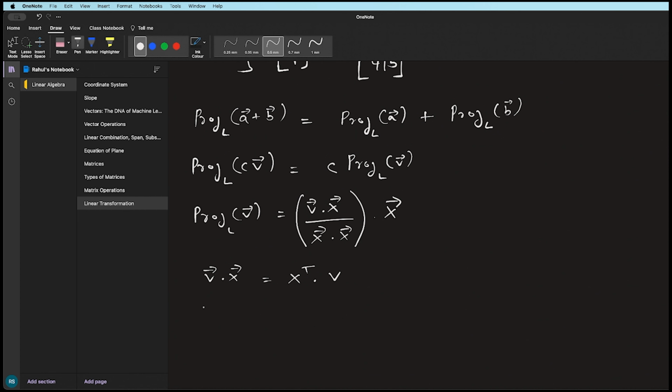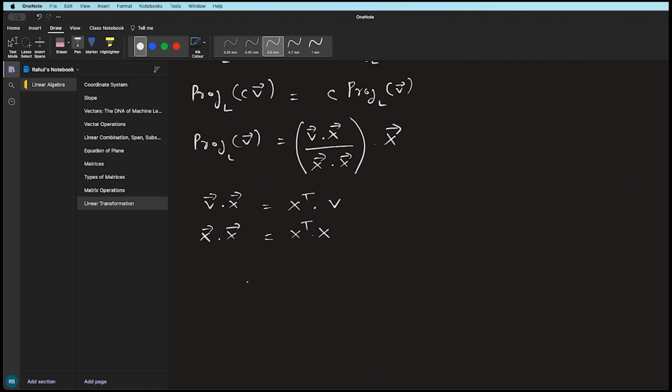Similarly, x dot x is also a dot product, so I can write it as x transpose dot x. So I can simplify this formula as x transpose dot v upon x transpose dot x into vector x.